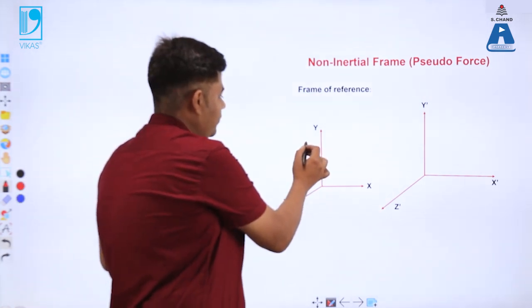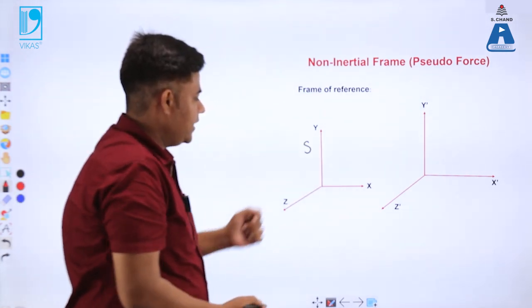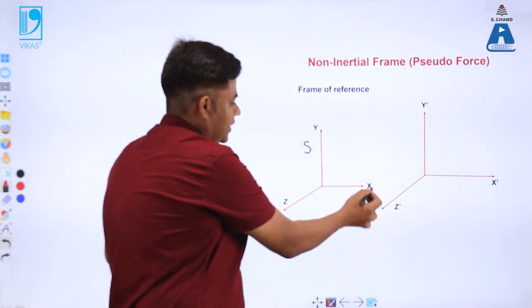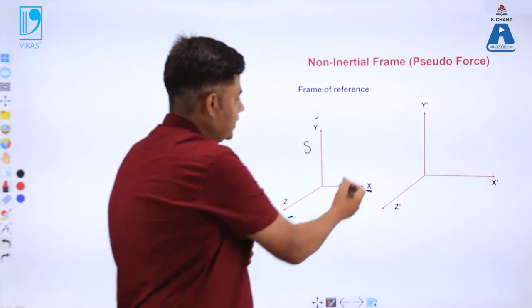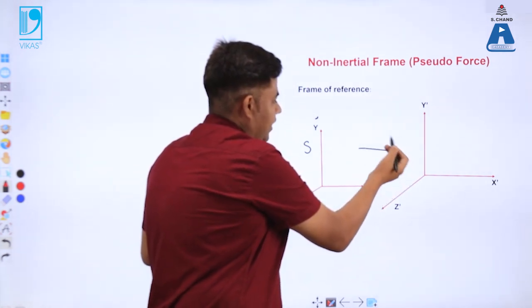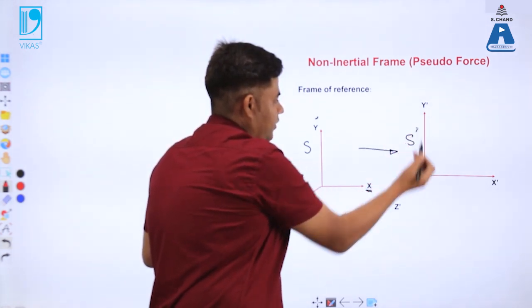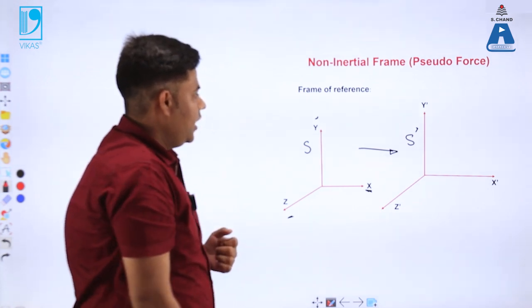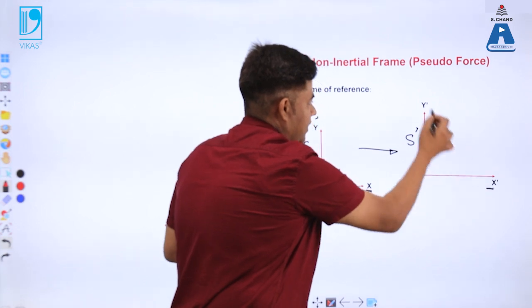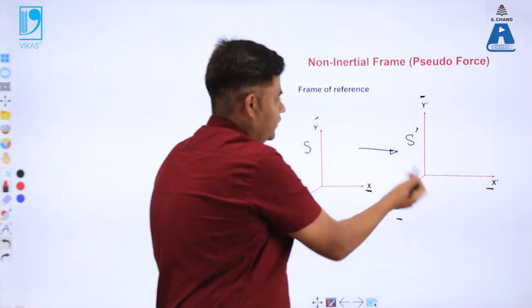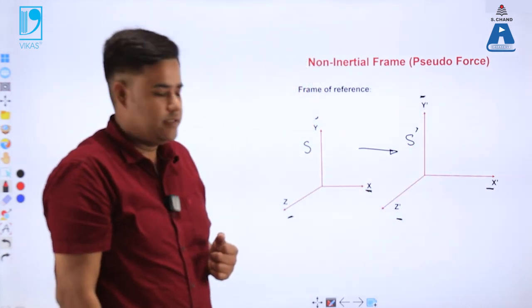Let's say we have a frame of reference S having the axis values X, Y and Z. Now let us say that the car is moving to another frame of reference, which is S dash, and that particular S dash has the coordinates X dash, Y dash and Z dash. So we have two different frames of references.